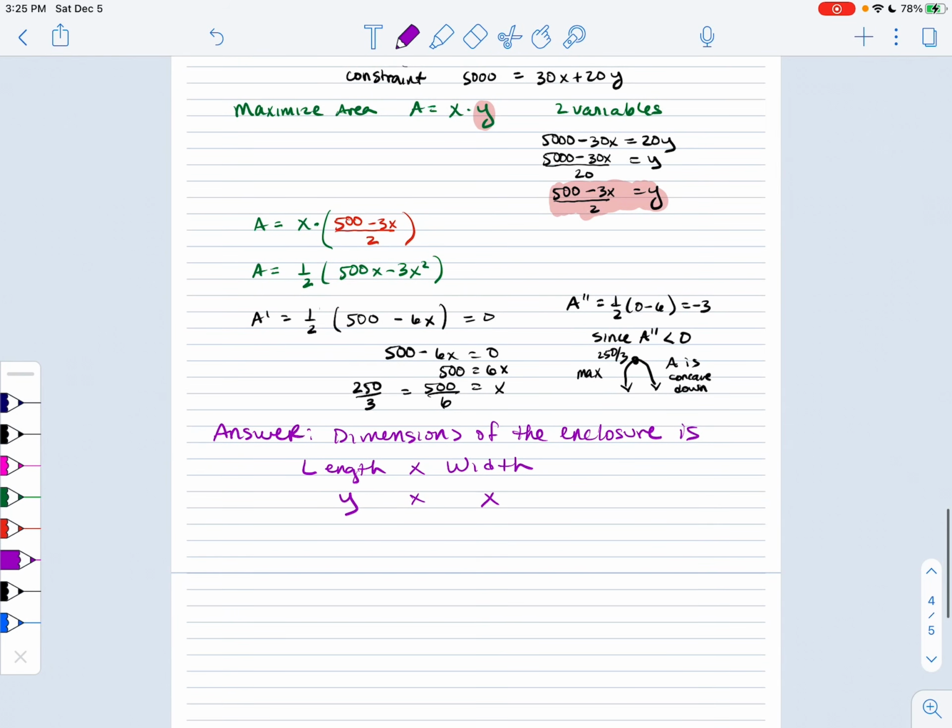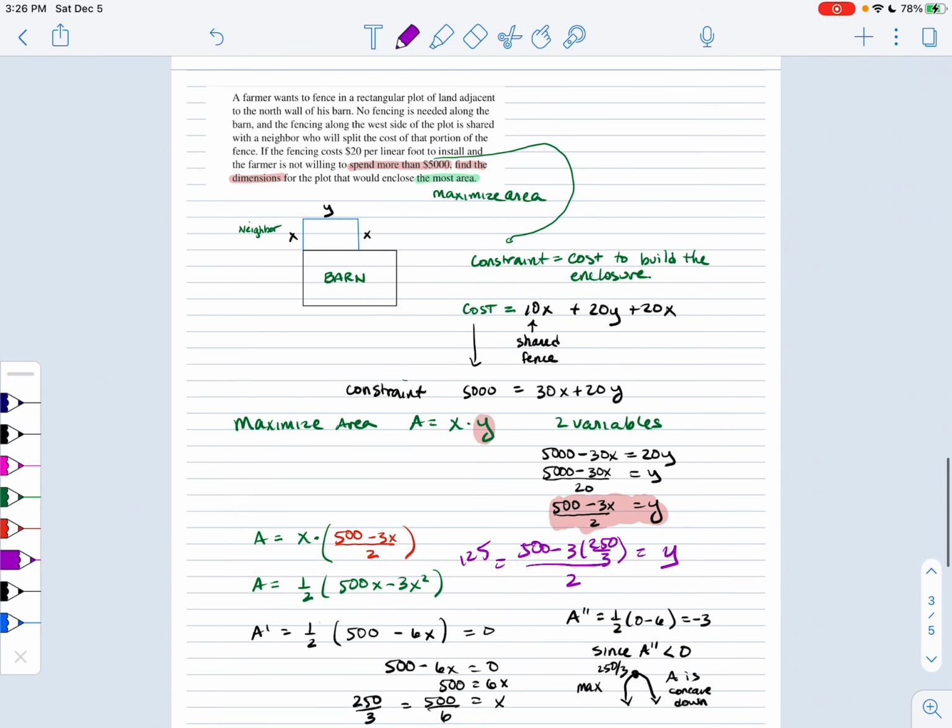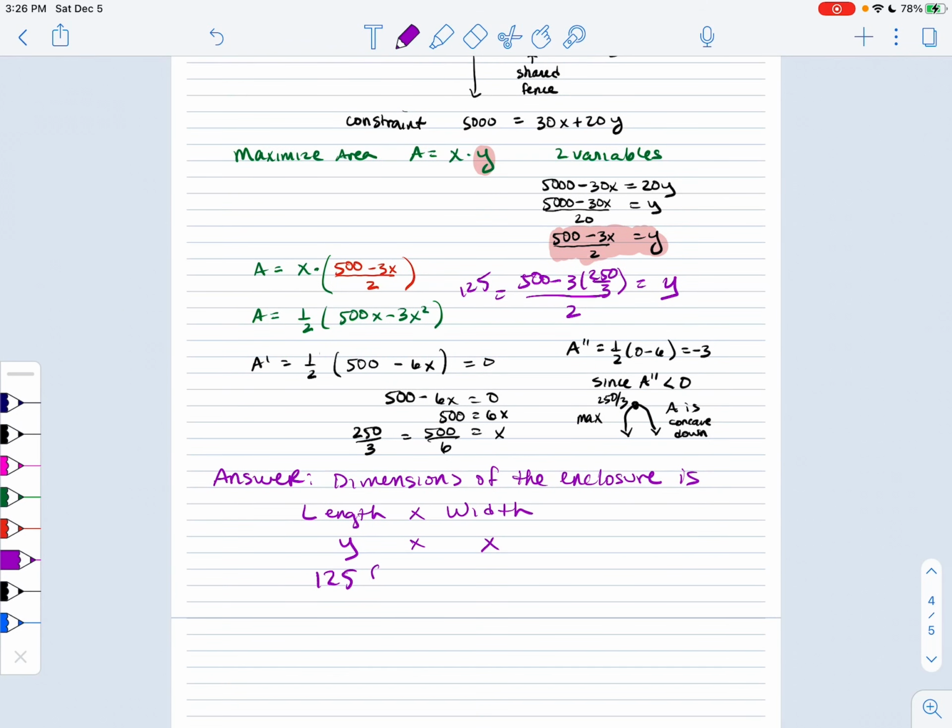My y value, I can go back and plug in my 250 over 3, and notice here my y, (500 minus 3 times 250 over 3) over 2, is going to give me 250 divided by 2, or 125. So we're going to have 125, and what are the dimensions? Feet. So it's 125 feet by 250 divided by 3 feet. And that's going to give me the maximum area.